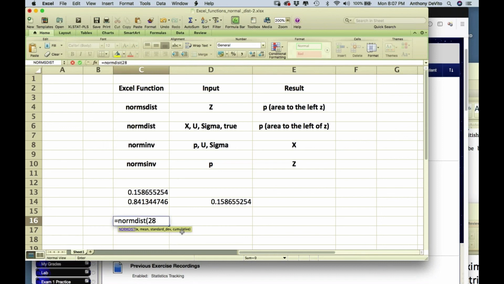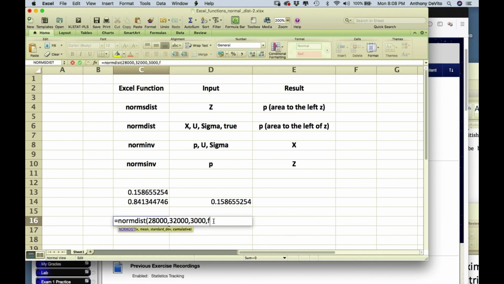So I can put in 28,000. It's always going to give me the area to the left of that. 28,000 is x. The mean was 32,500, comma, the standard deviation, what was it, 3,000 or something like that? It was 3,000. Oh, was it 32,000, not 35,000? Okay, good, thank you. Okay, and cumulative.